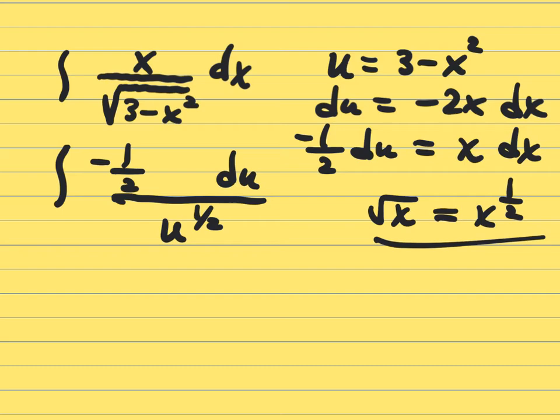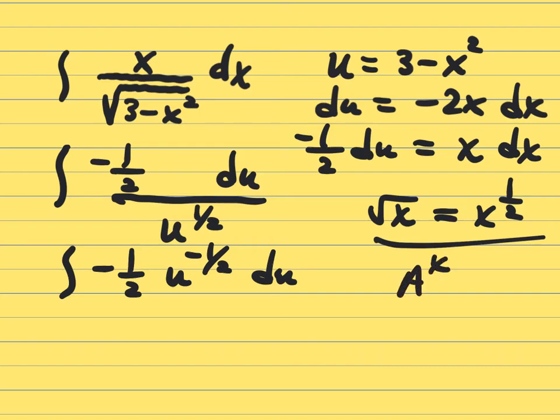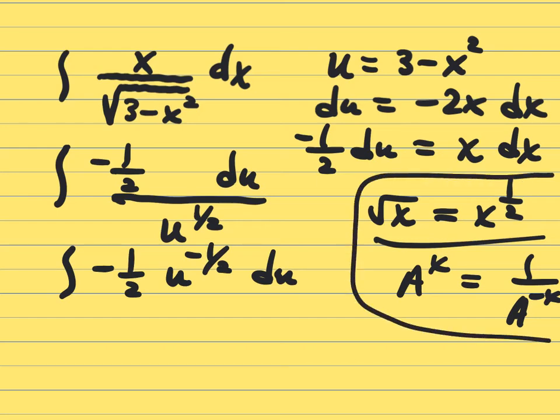By properties of exponents, u to the 1/2, if we move it to the numerator, it'll become u to the -1/2. And that gets it a little bit more manageable for us. And there's that little exponent property.